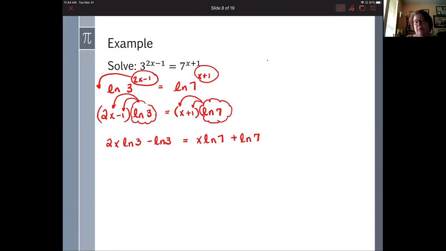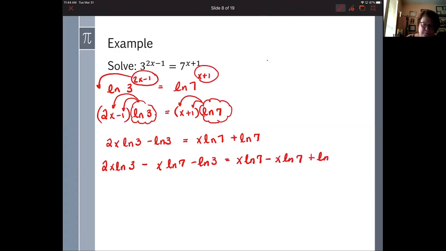And I'm going to do this in a row, unlike how I normally write it in columns, so that it's a little bit easier for us to see. I'm going to write it right next to the other term that has an x in it, to make it easier to factor in a second. So I subtracted from both sides of my equation x times the natural log of 7.